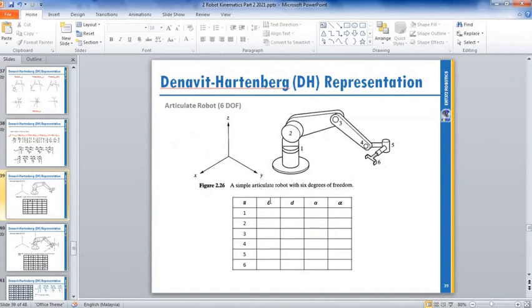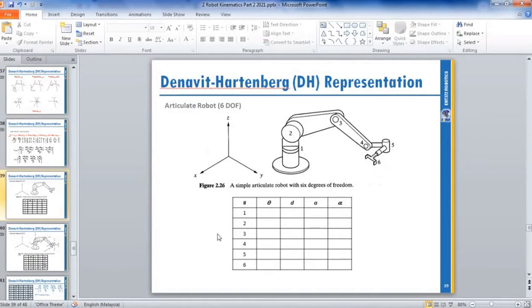Here, theta is the rotation on the z axis. d is the prismatic length on the z axis. a is the distance along your x axis, and alpha is your rotation on the x axis. Because this robot arm has 6 joints, you have 6 rows.